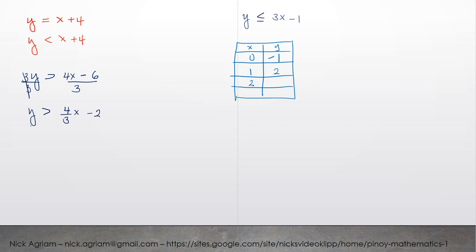Then if we have 2, we have 6 minus 1, and we have 5. It's enough for those 3.